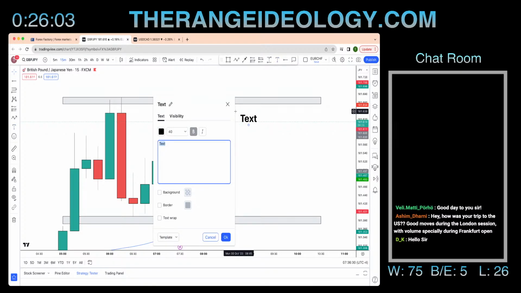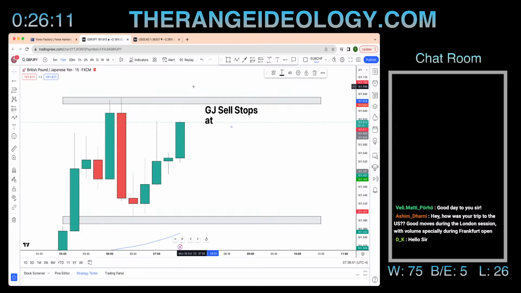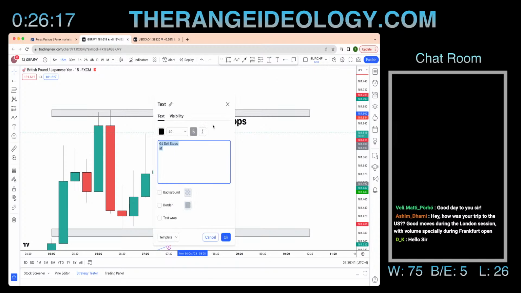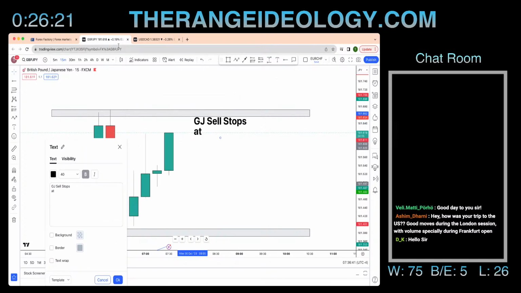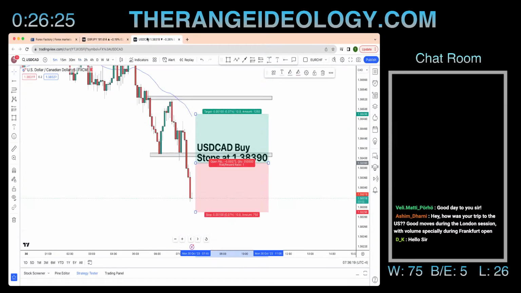All right, so GJ is moving right along, guys. GJ sell stops. Again, I'm not setting these. These are ideas until price reaches a certain level where I would go ahead and actually enter these. So let's see here. Oh, it's coming strong here. So 1 hour tap is going to necessarily happen very soon.